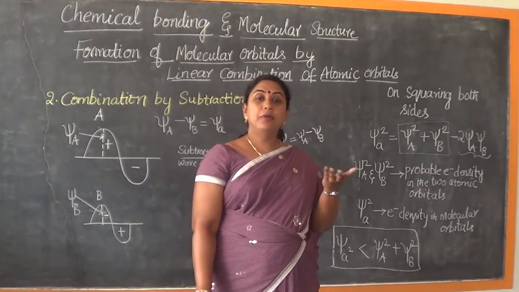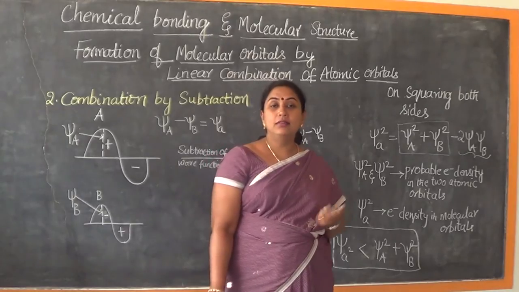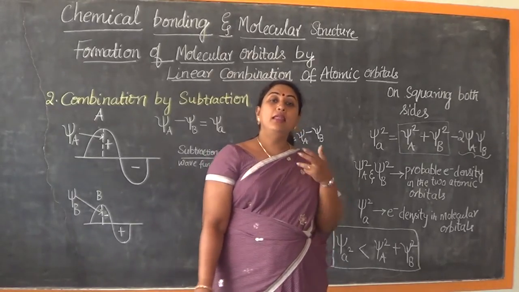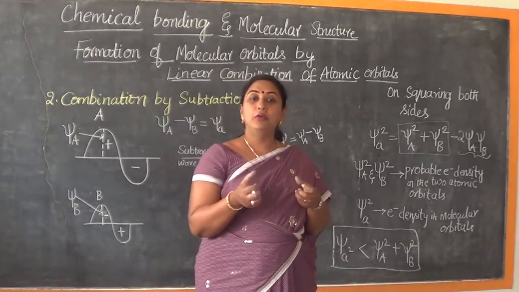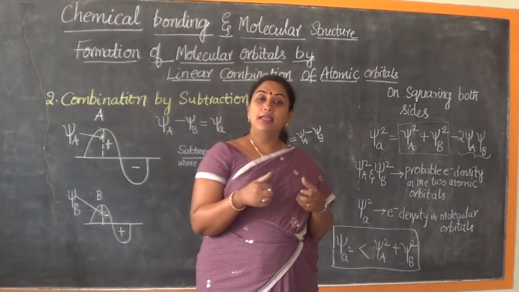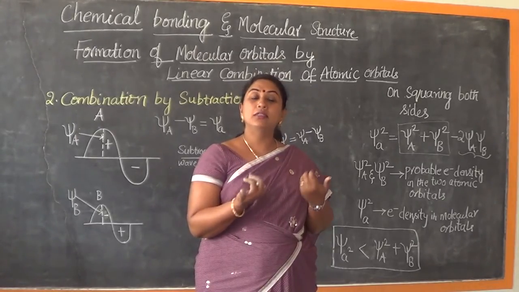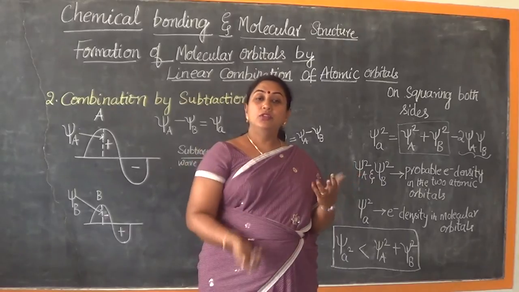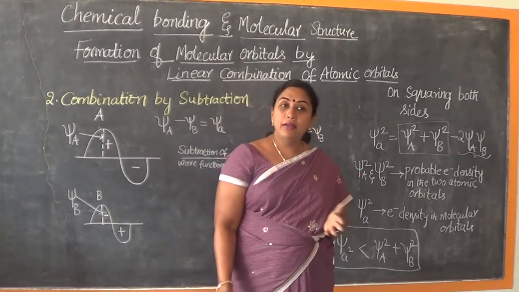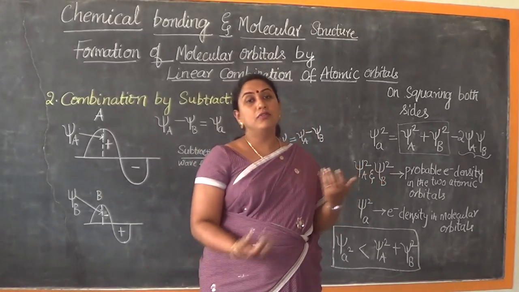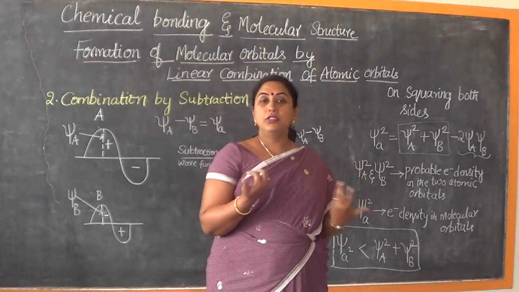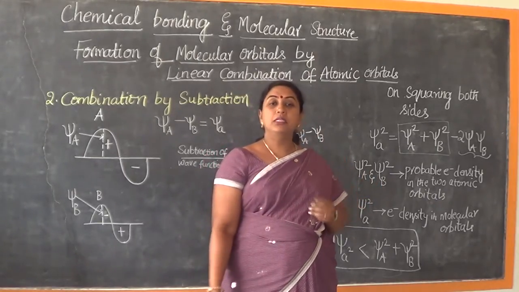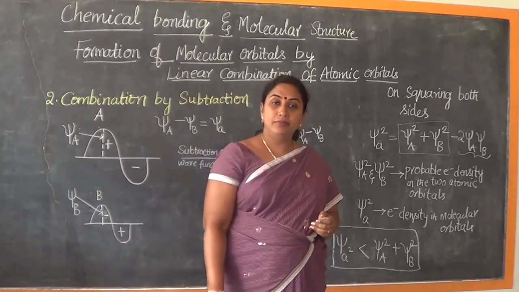Why is it that it possesses more energy? For the reason that there is very less electron density between the nuclei, and the nuclei are alike charges, that is positive charges, they repel each other. So a molecular orbital which is formed as a result of the repulsion of these nuclei always possesses more energy.